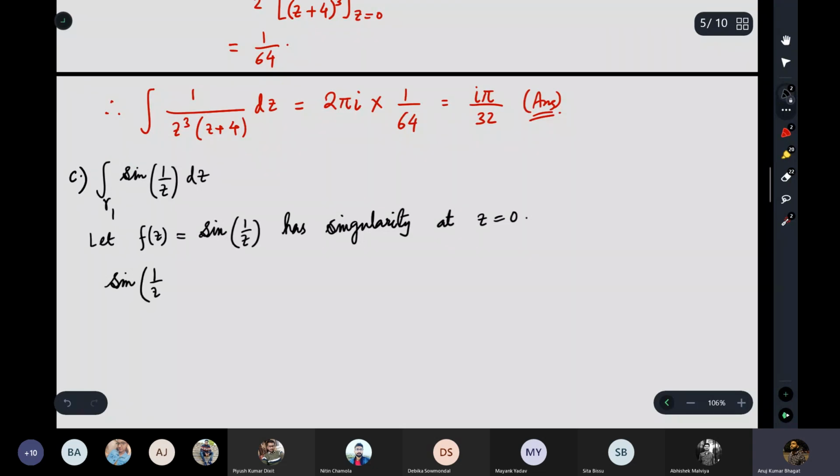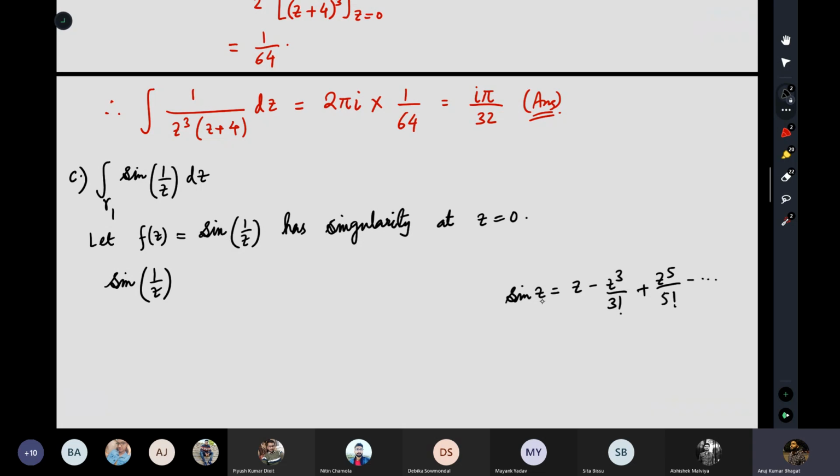So what is the series of sine z? It is z minus z cube by 3 factorial plus z to the power 5 by 5 factorial and so on. So minus will come here, right? So just replace z by 1 by z in this expansion.